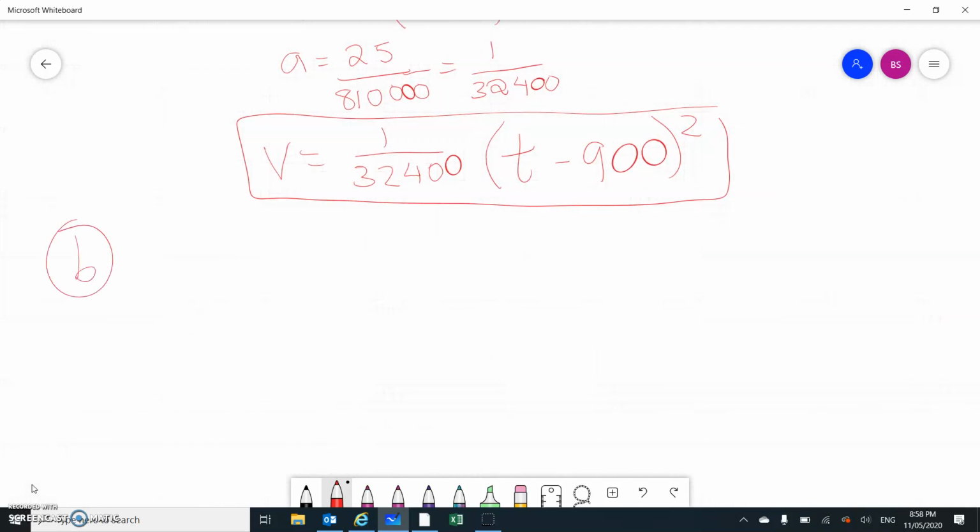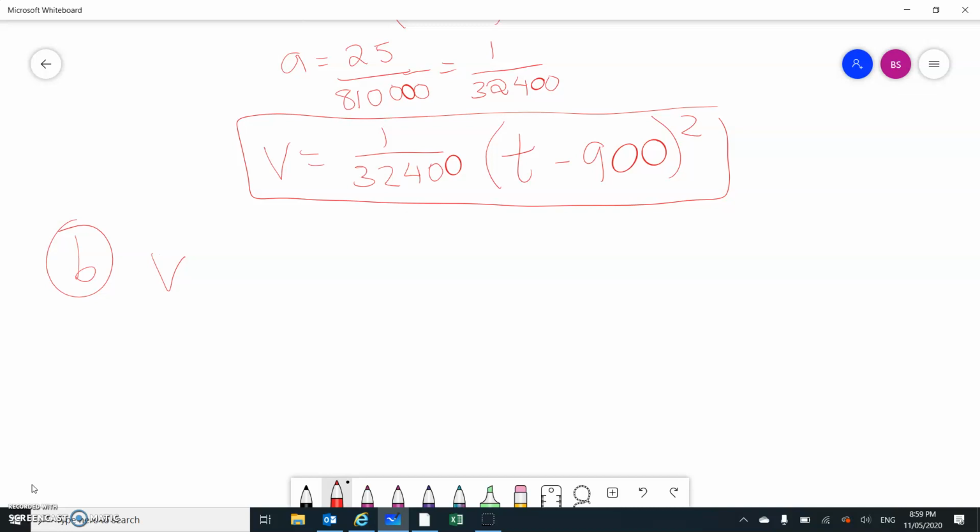Part B says if s meters is the distance that a taxi can travel before running out of electrical energy, write a rule connecting s and t. If we look at velocity, the units are meters per second.